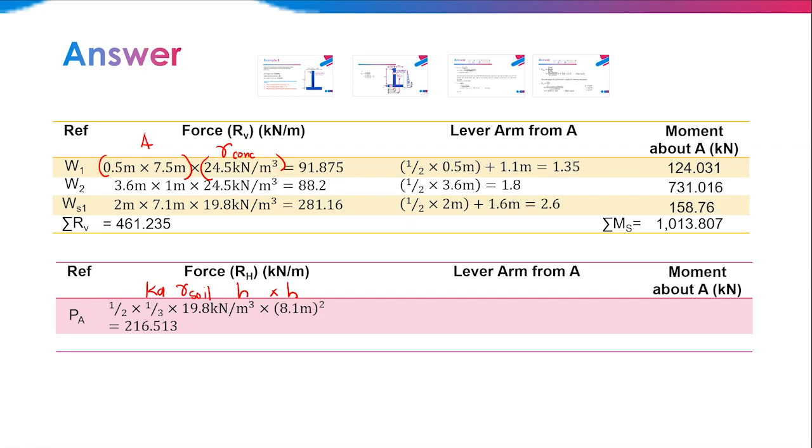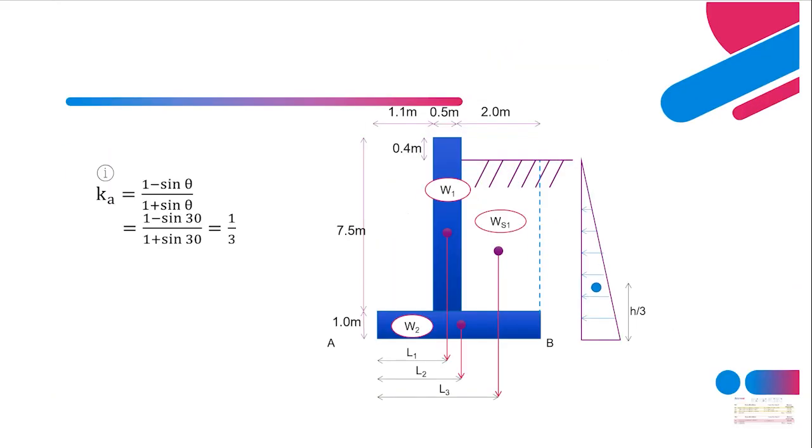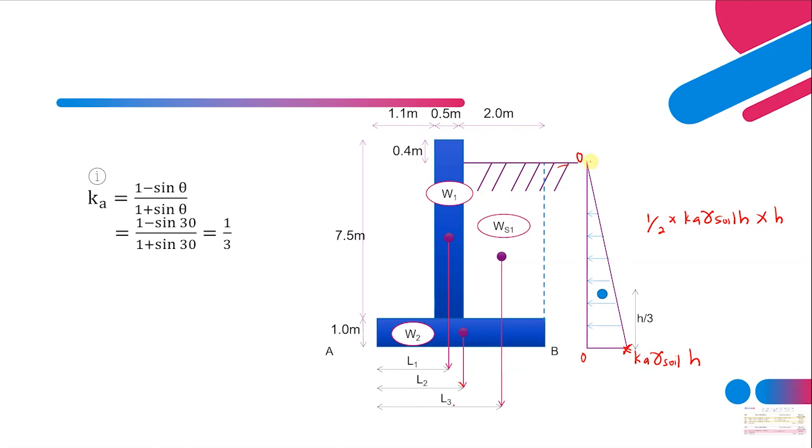Kenapa bukan 7.1? Sebab tadi masa kita kira area ada kita pakai WS1 ni 7.1. So height of soil ke bottom of retaining wall. So if you see here, height of soil nak sampai ke bawah retaining wall ni adalah, so ini 7.5 sampai kat sini 7.5, and then tolak 0.4 kat sini sebenarnya adalah 7.1.